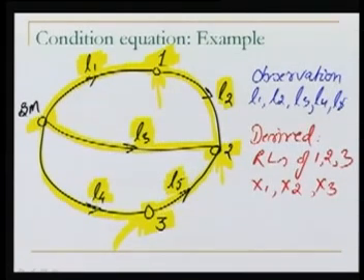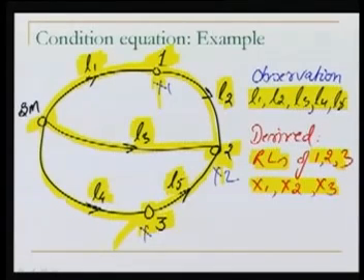So what observations have we carried out? We have carried out L1, L2, L3, L4 and L5. These are differences in elevations, while the desired are relative elevations, RLs of points 1, 2, 3. Let us write them as x1, x2 and x3. So the RLs of these points are x1, x2 and x3.